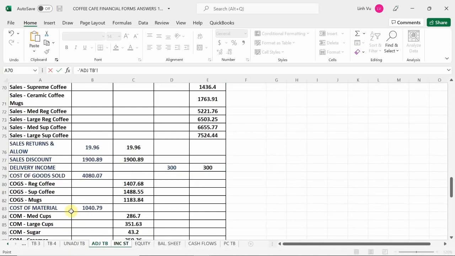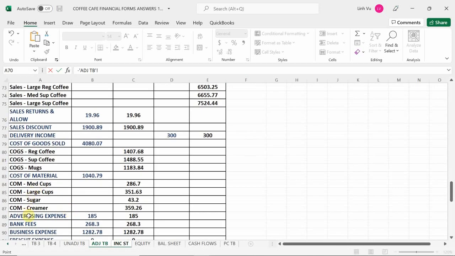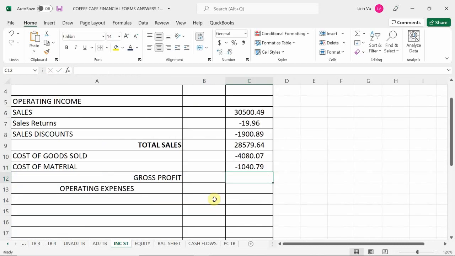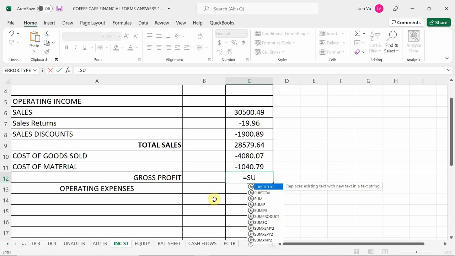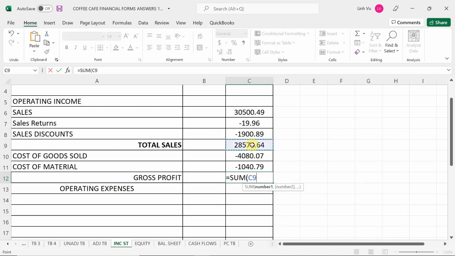And then your total cost of materials was 1,040, okay? So now let's see what your gross profit is by taking your total sales, subtracting out your cost of goods sold and your cost of materials. So what is your total gross profit?